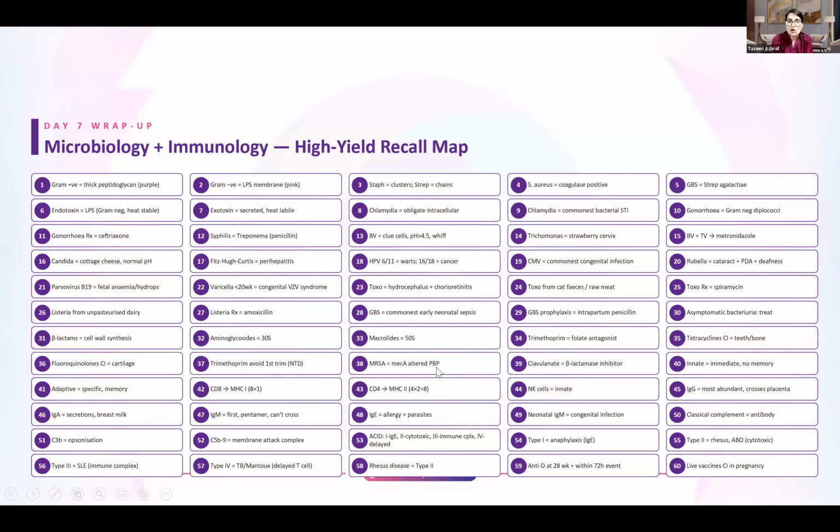Okay, innate immunity is immediate, no memory is there. Adaptive immunity is specific, and as it has adapted, so that's why some memory is there.